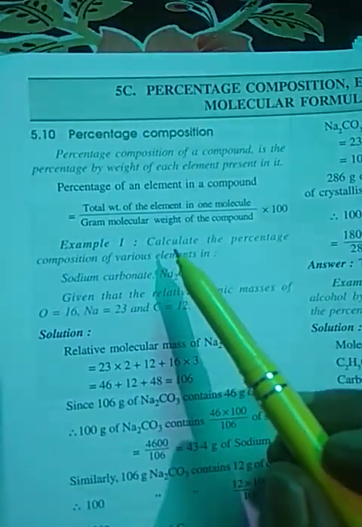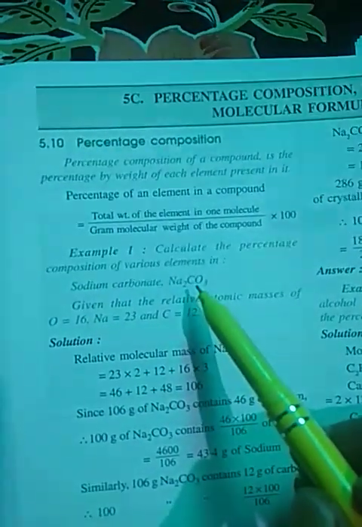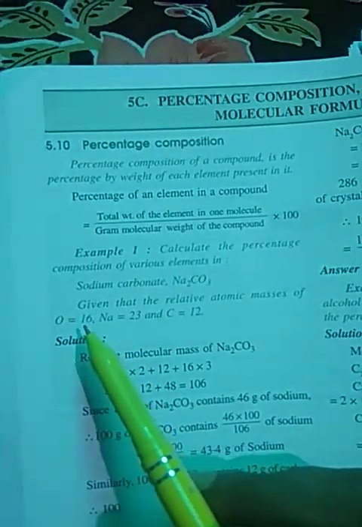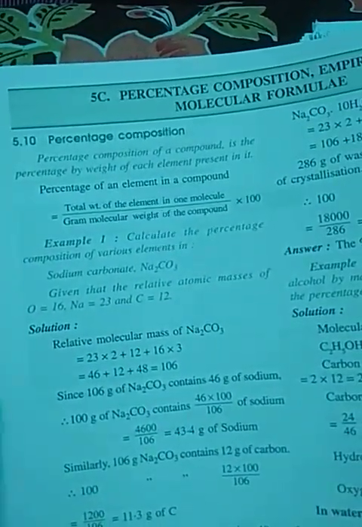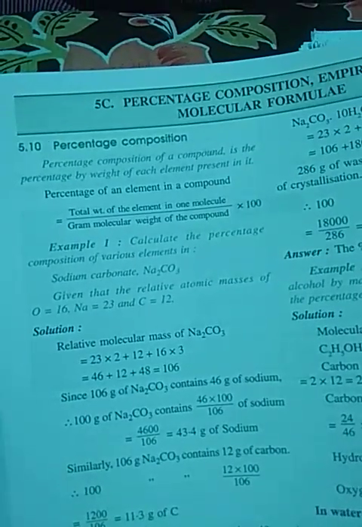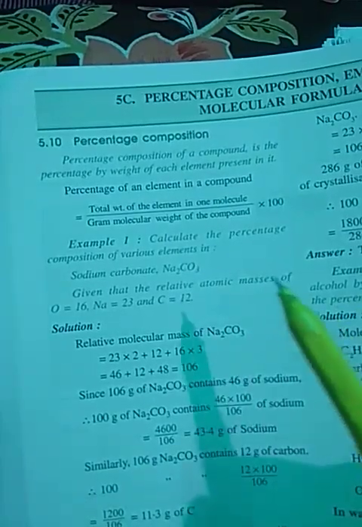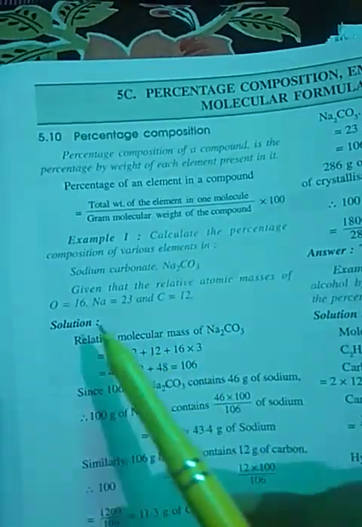Even if the question is to calculate the percentage composition of sodium carbonate, right from class 7 I am telling you we must know the atomic number, mass number and atomic weight of the elements, at least up to atomic number 20.